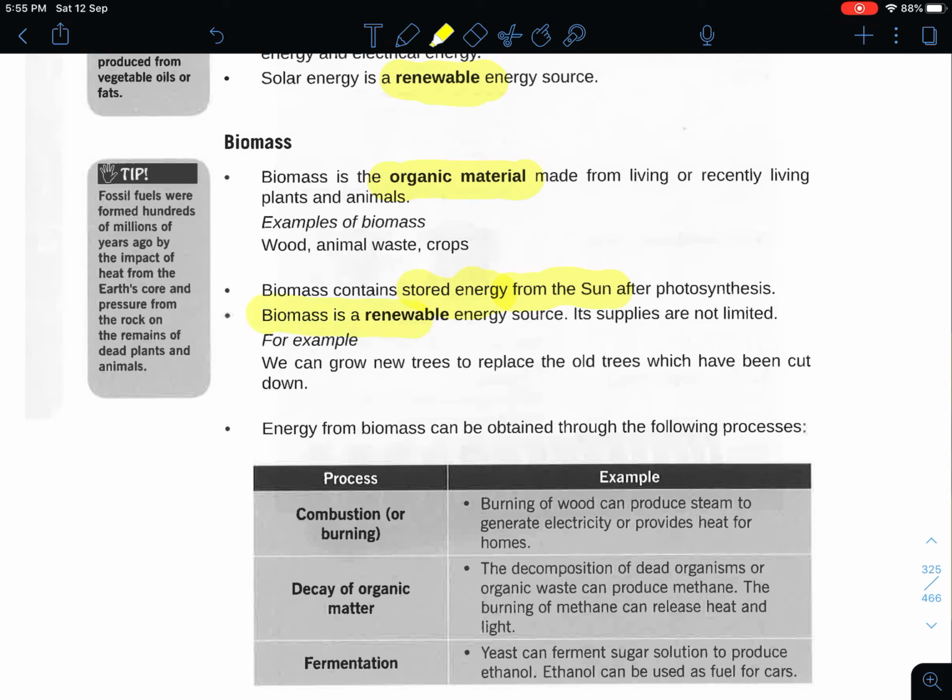So biomass is another example of a renewable energy source. Its supplies are not actually limited. So whenever you finish, let's say, the trees as a source of biomass fuel energy, you just have to replant the tree. So it tends to be renewable.